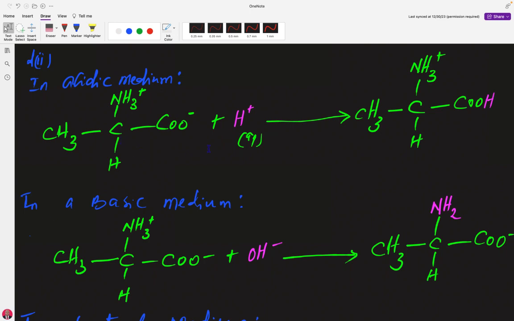So now this is an ion. They ask us to write the structure in acidic medium. So in acidic medium, what happens? Acidic medium means it has a low pH.